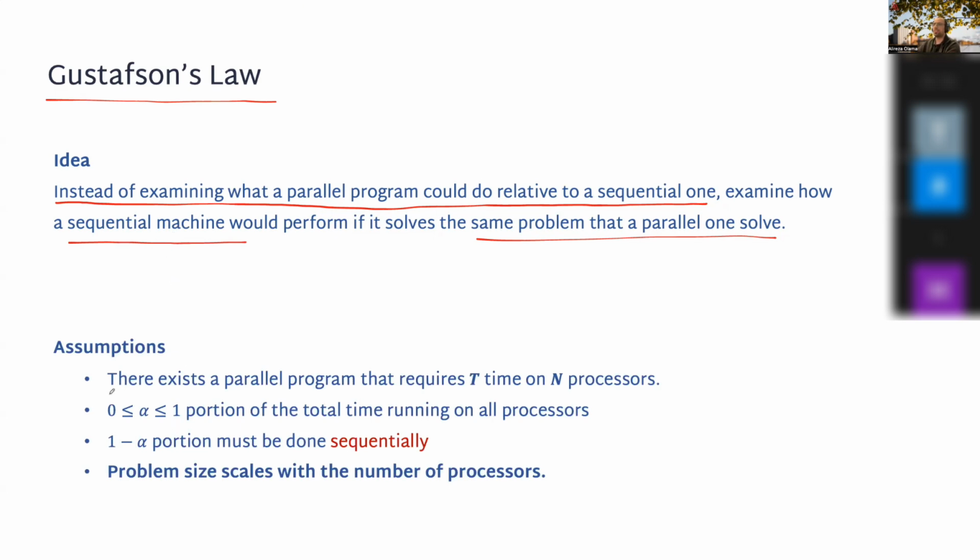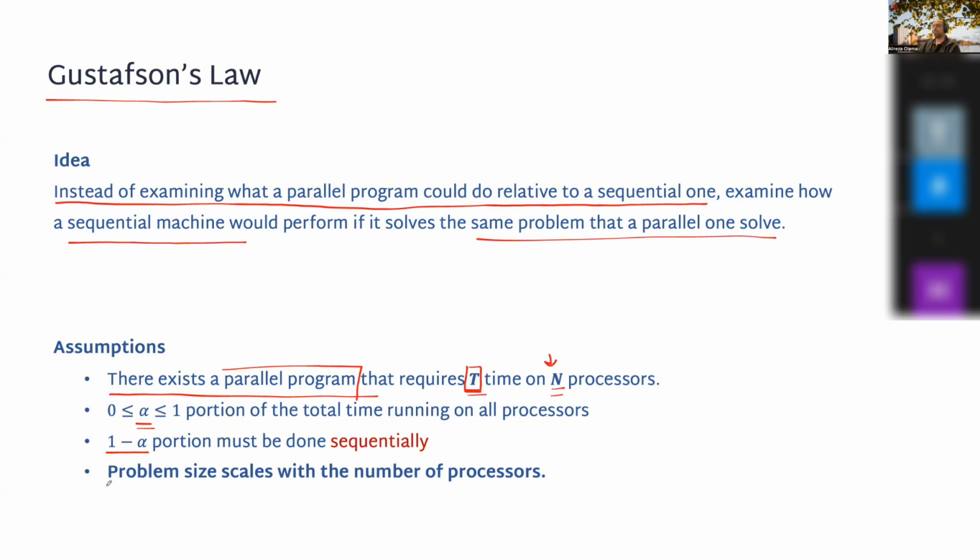The first assumption is that there exists a parallel program, not a serial program, that requires T time on n processors. So this parallel program takes T time if it uses n processors. Then, as before, we consider alpha to be the portion of the total time run in parallel, and 1 minus alpha to be the portion that we do sequentially.